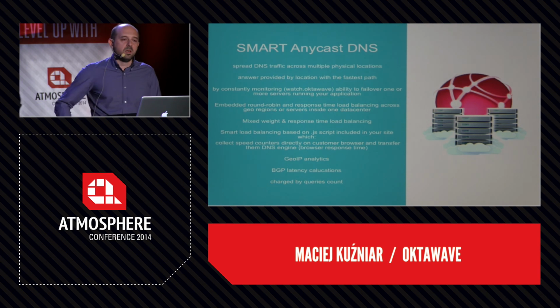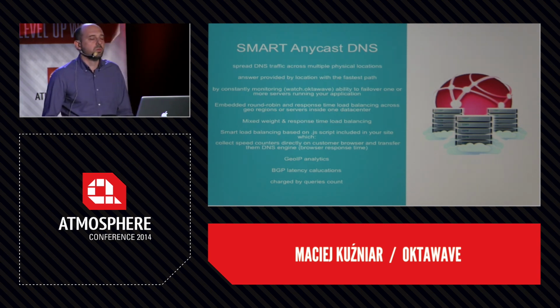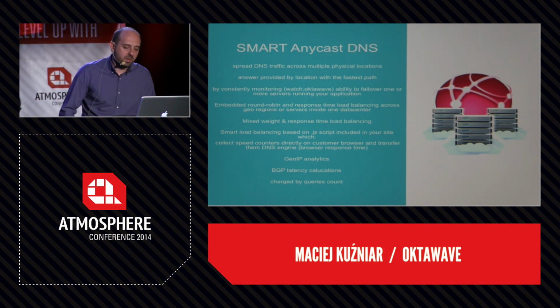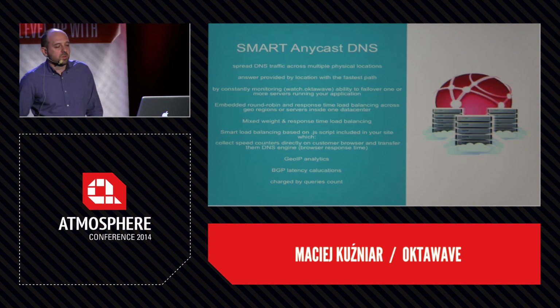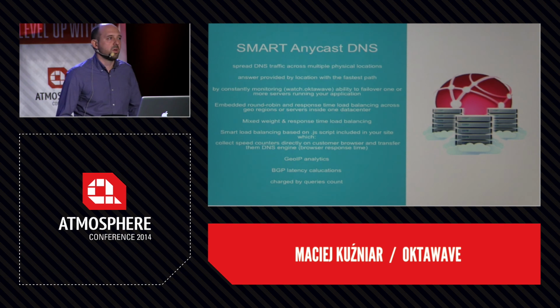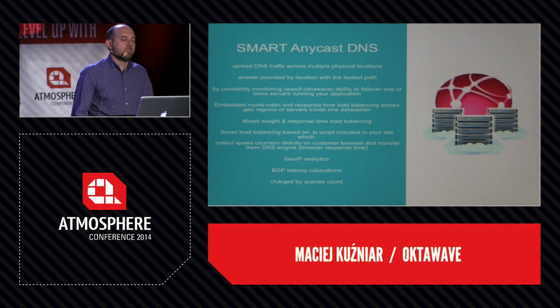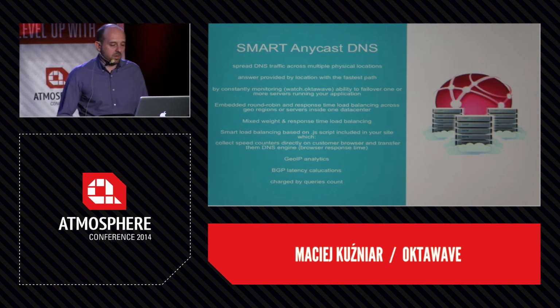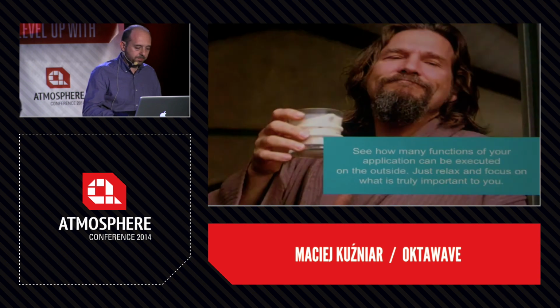Using GeoIP, it can direct your customers to different physical locations. As well, this DNS also uses BGP for latency calculation, trying to predict the fastest path for your customer. And it's charged simply by queries count.